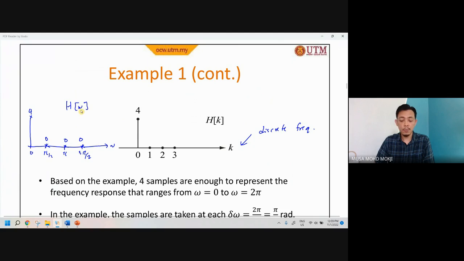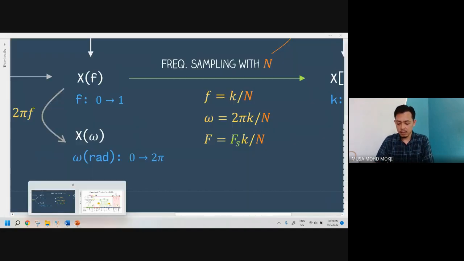Of course, you can also plot this on H[F]. You just need to convert the value. So what is the formula?